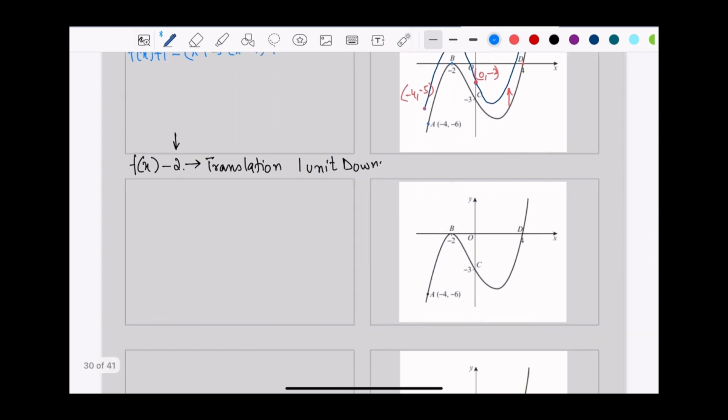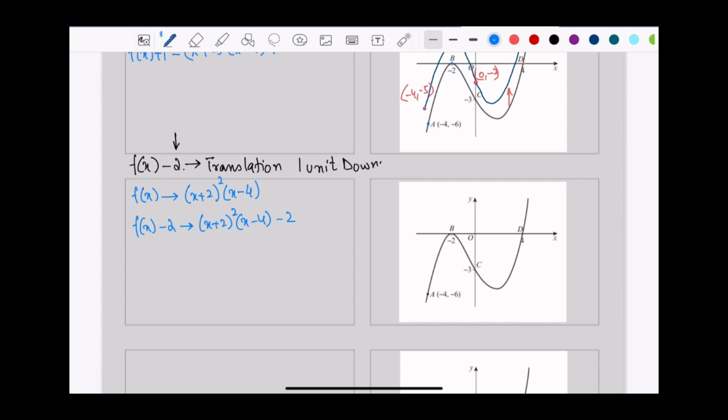So initially our f of x was x plus 2 whole squared x minus 4, which after the impact of minus 2 is going to be x plus 2 whole squared x minus 4 minus 2.